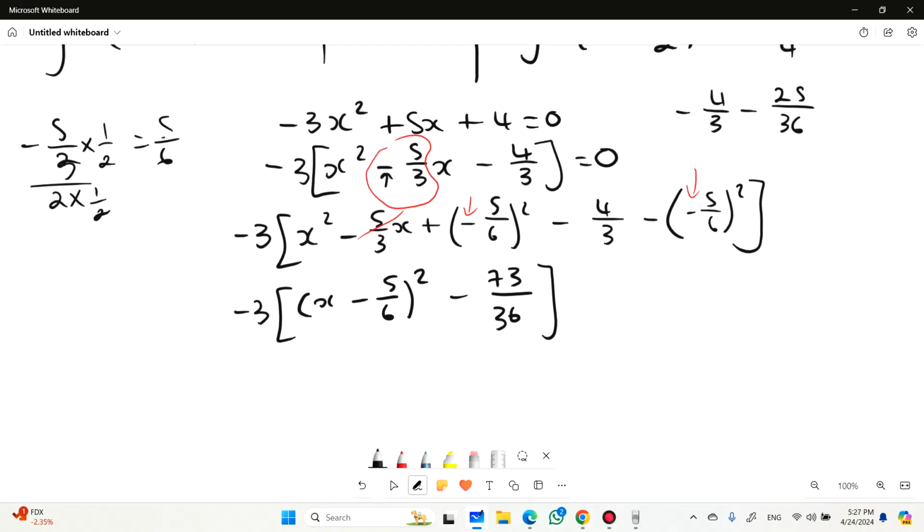That's my answer, but I'll have to take this negative 3 inside there, so meaning I'll have to say, well, this would be negative 3 and then x minus 5 over 6 squared, then minus there, right.